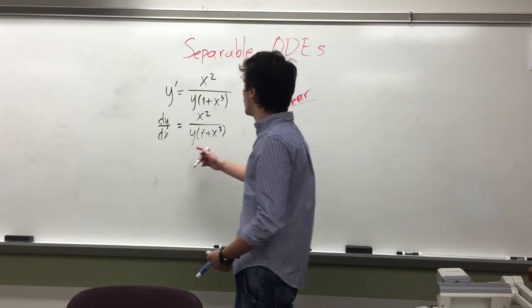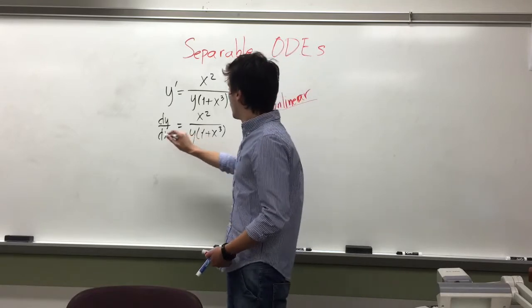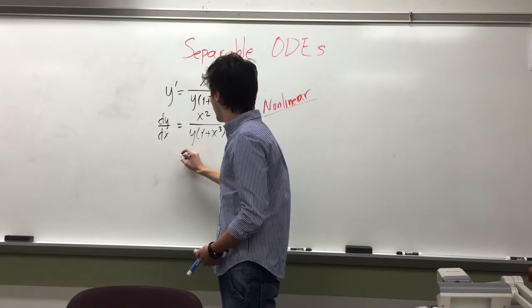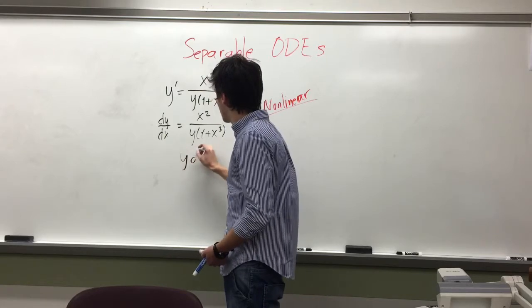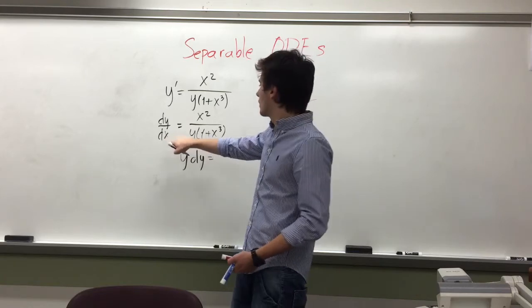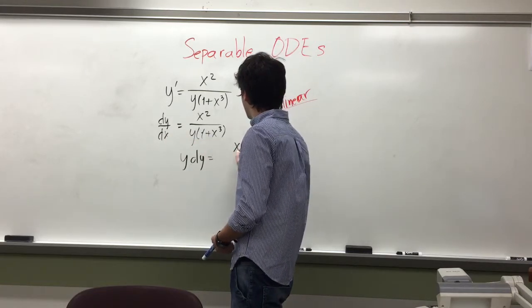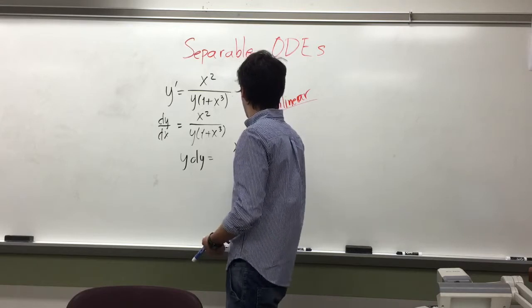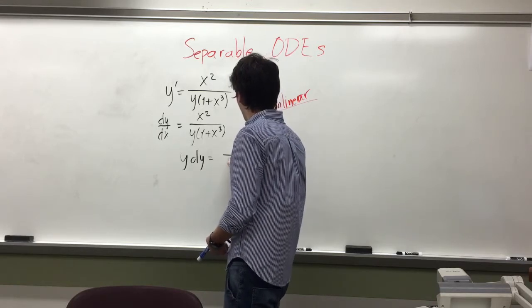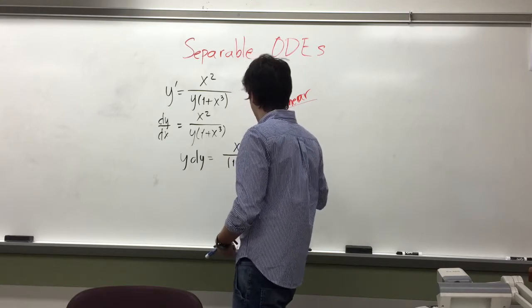Here what we can do is multiply by y on both sides. So if we multiply by y, we're going to have y times dy. And if we multiply by dx on both sides, we can get rid of this dx, and we'll have x squared over 1 plus x cubed times dx.